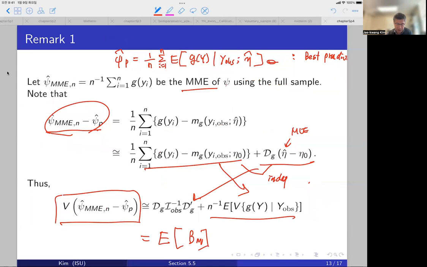That's interesting, because remark one basically says the best predictor is equal to the probability limit of the MI estimator as M goes to infinity.